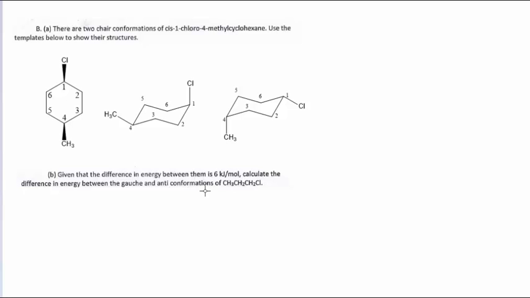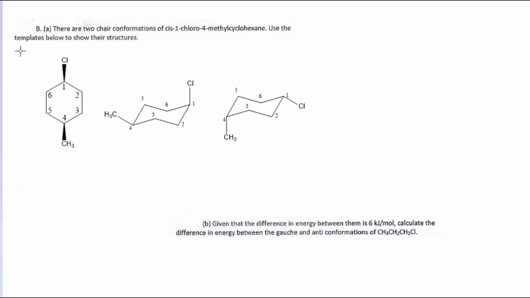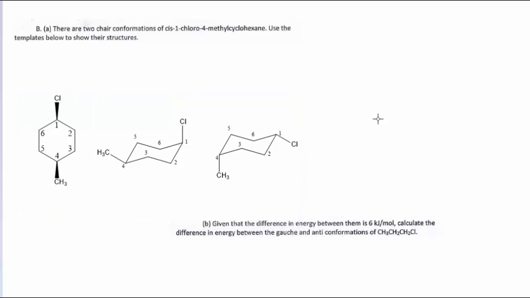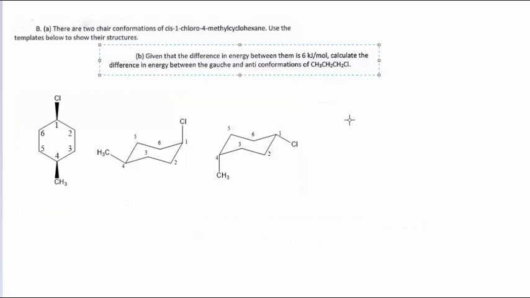Okay, so this is worded kind of strangely, but I'll try to translate exactly what they're trying to say. Really, they want to know the axial to equatorial energy of a chlorine with one gauche interaction.